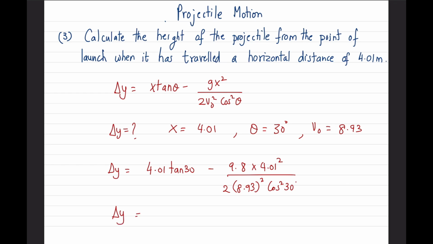So let's just do that. 4.01 times tan 30 minus, then we can start a fraction, 9.8 times 4.01 square over 2 times 8.93 square times, we'll start a bracket for cosine 30, close the bracket for the angle, close the bracket for cosine, and then square.